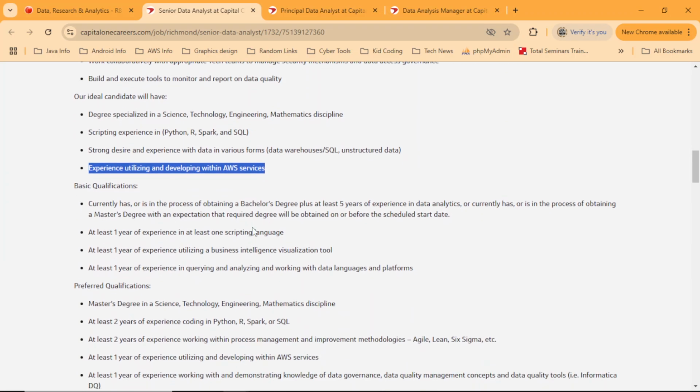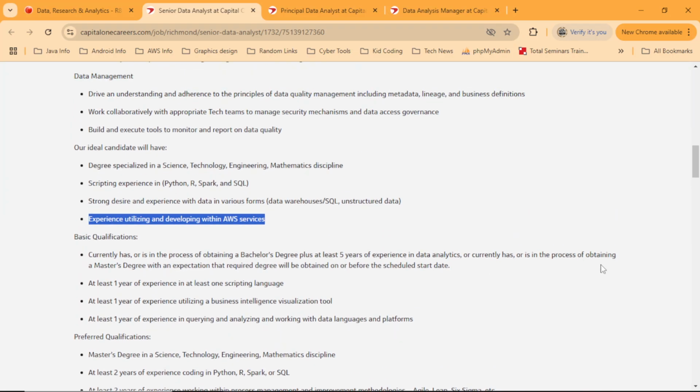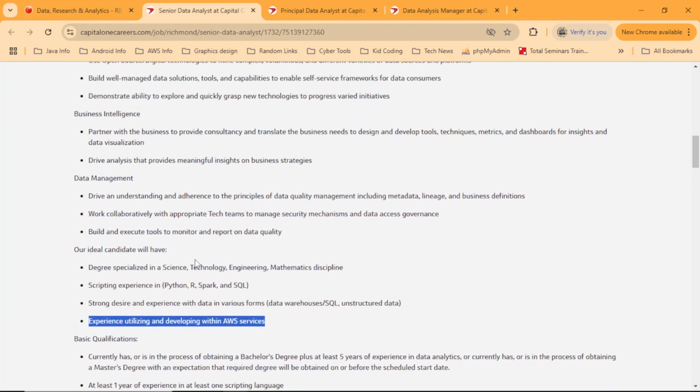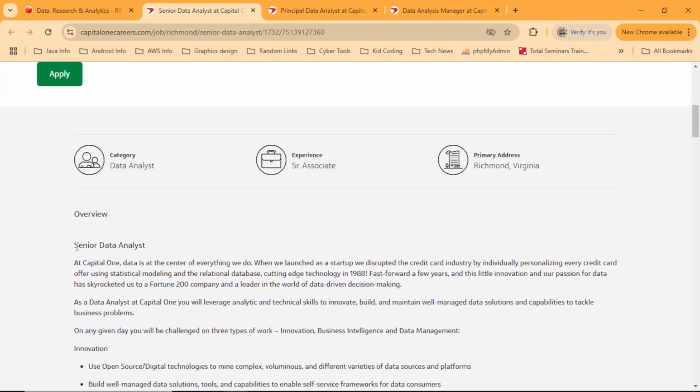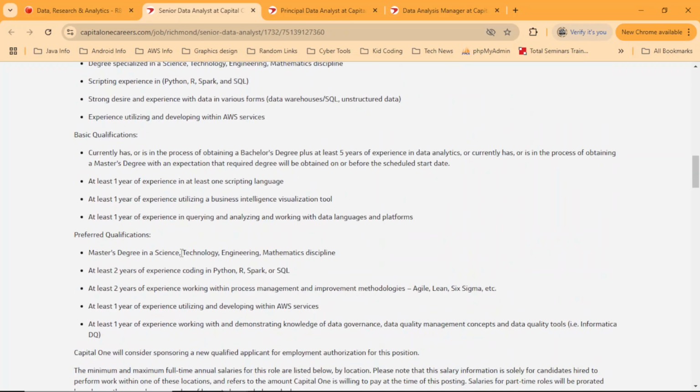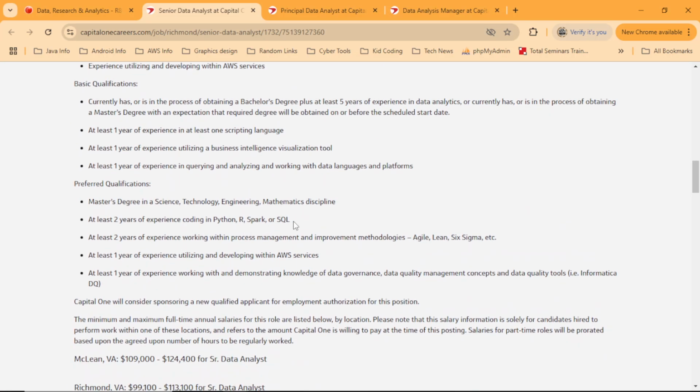And in here they speak a little about the education part: a bachelor's degree plus at least 5 years of experience in data analytics, and currently in the process of obtaining a master's degree. Interesting. With them asking for a master's degree, I would definitely expect the pay to be higher. Again, this is senior data analyst. At least 2 years with Python or SQL.